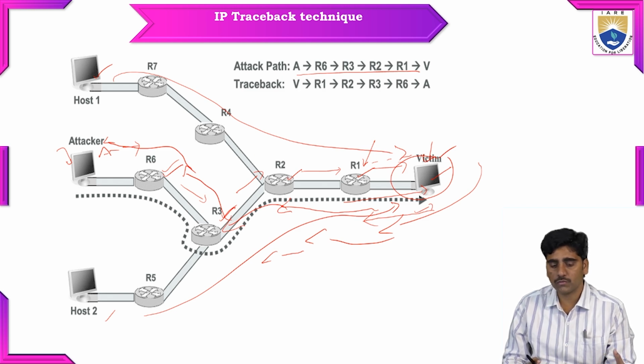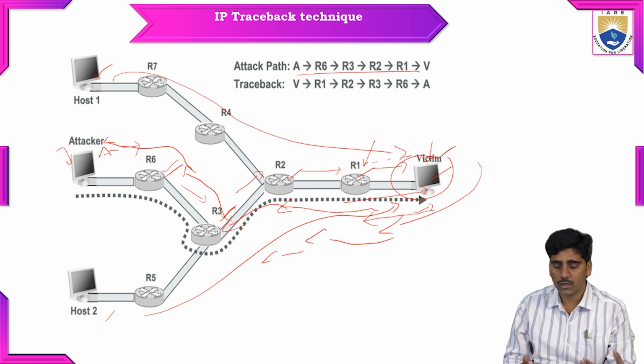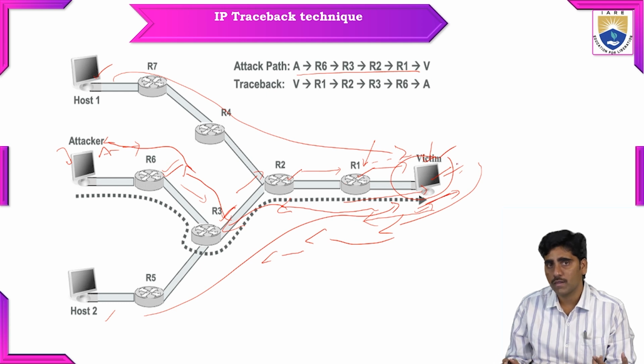And here we can understand how the path is attacked and how the traceback technique is applied. Suppose host 1 and host 2 are interacting with the victim, that is, interacting with the target system. They can send normal packets through the normal routers like router 7, router 4, router 2, router 1 to the victim. But at the moment of transmission of the data, the attacker comes in the middle of transmission.